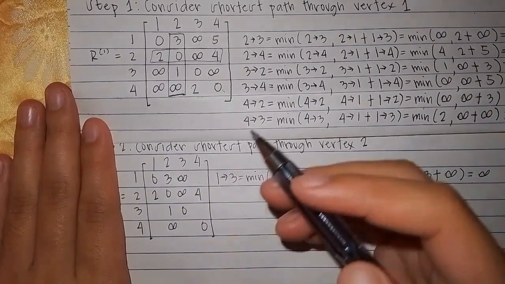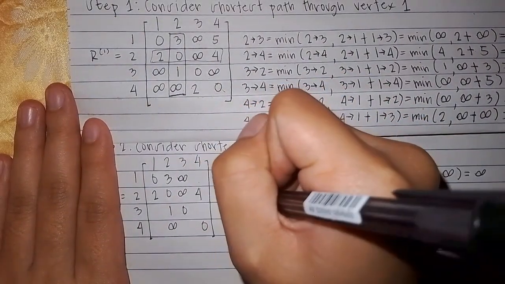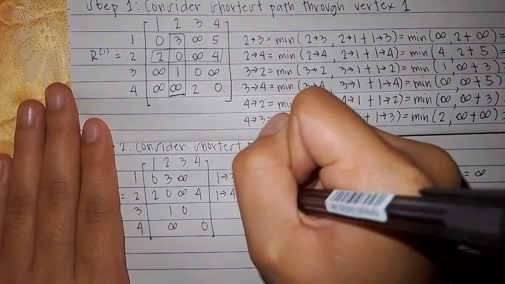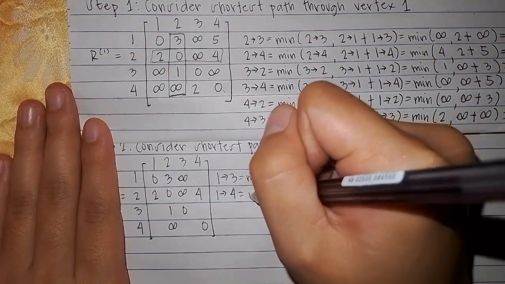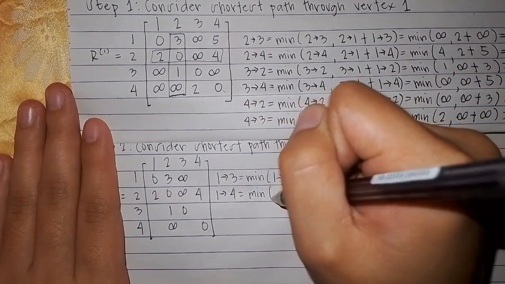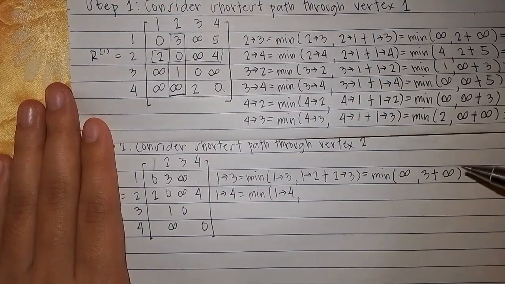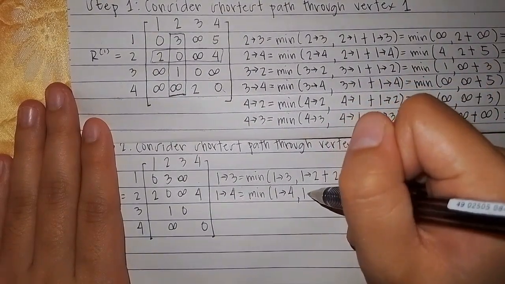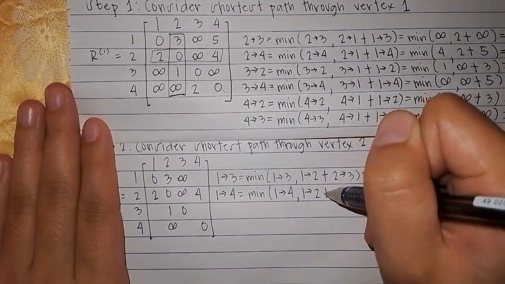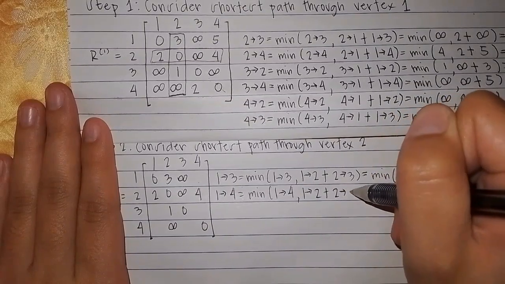So next is 1 to 4. 1 to 4 through the vertex of 2, that is 1 to 2 plus 2 to 4.